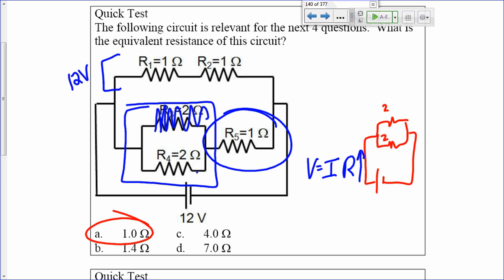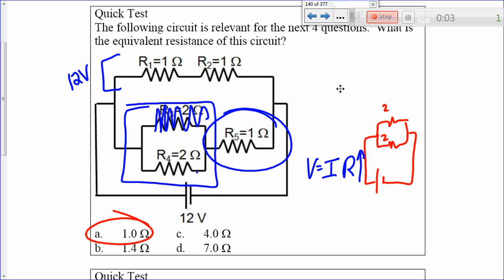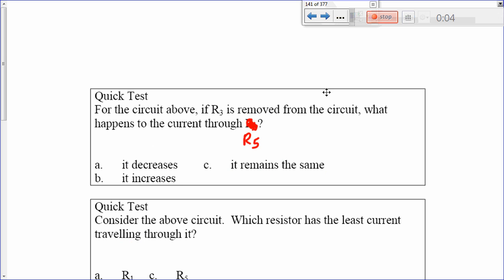Let's try it again. I'll go back to your options. What happens to the current through R5? Get a little better histogram on this.